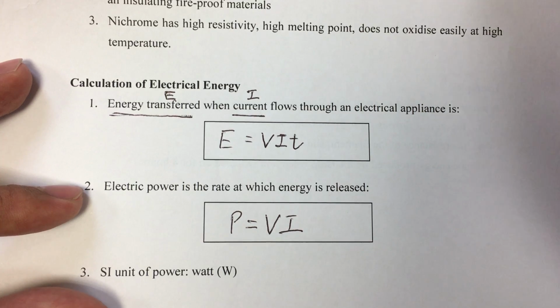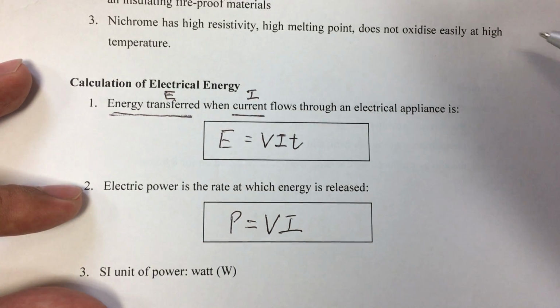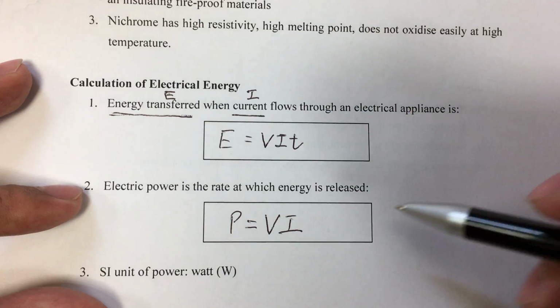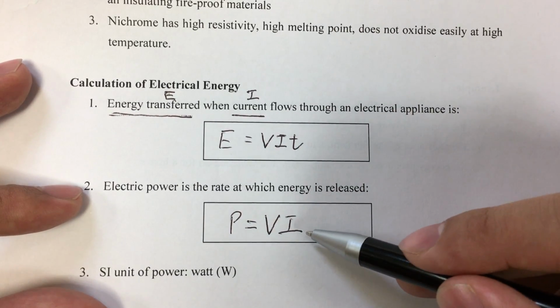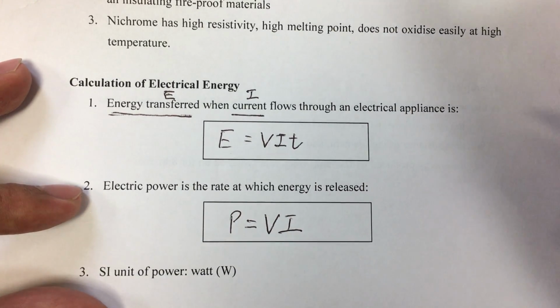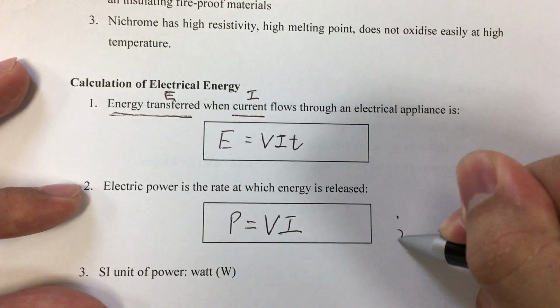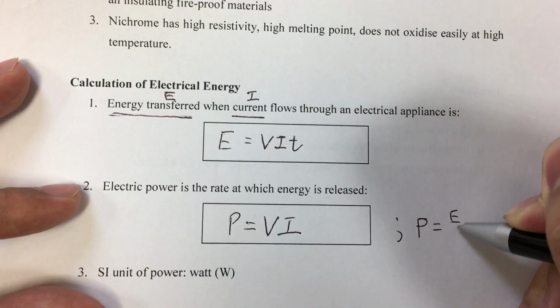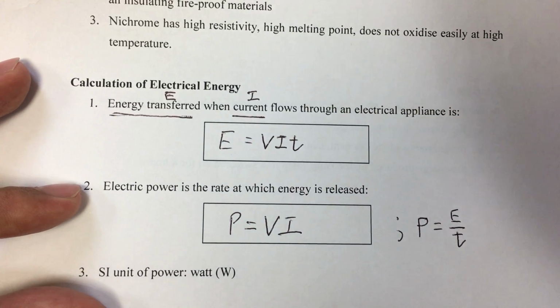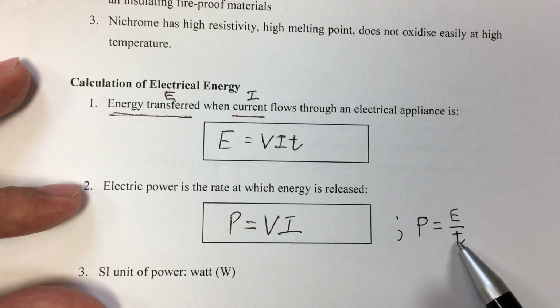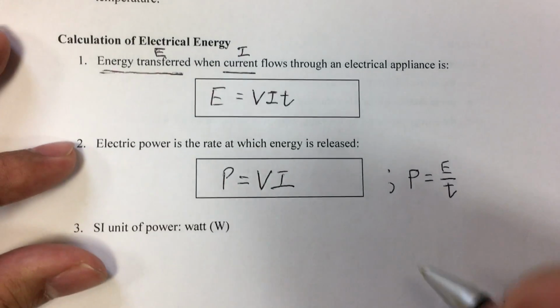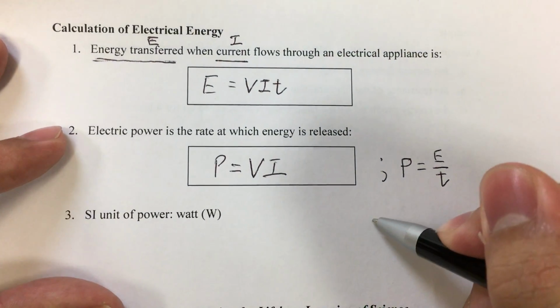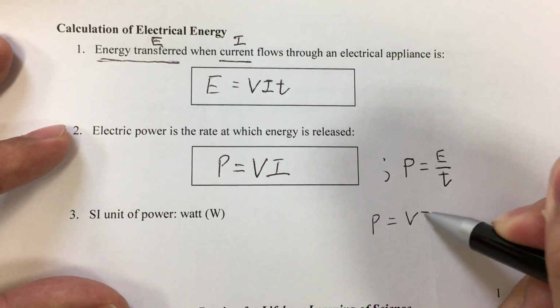One recommendation that I will give you is to remember this formula first. Power equals V times I, as well as power equals energy divided by time. You notice that when we combine these two formulas, power is equal to VI.